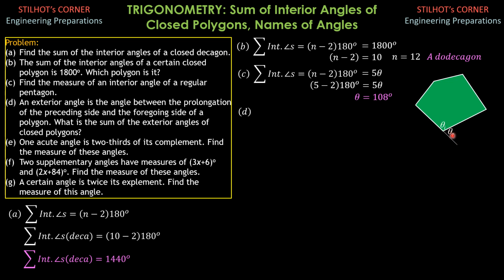So at any corner, theta I plus theta E equals 180 degrees, where theta I is the interior angle and theta E is the exterior angle.